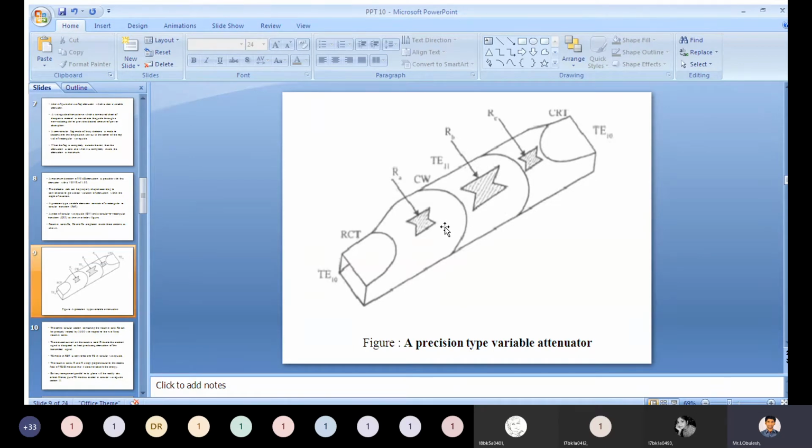This component finally comes out as E sin theta.